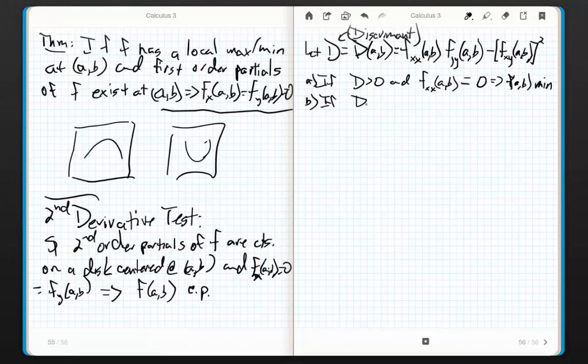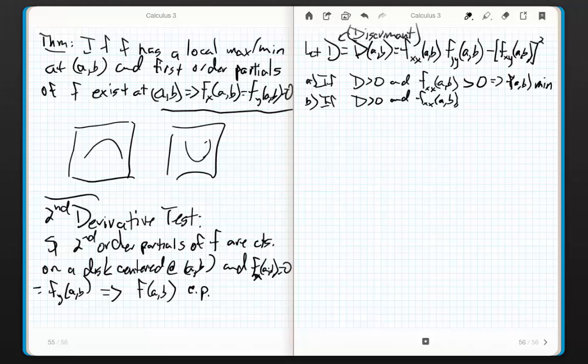Optimization is huge. If D is greater than 0, you can probably predict what this is going to be. Sorry, if D is greater than 0 and the second partial with respect to x is greater than 0, then I have myself a min.